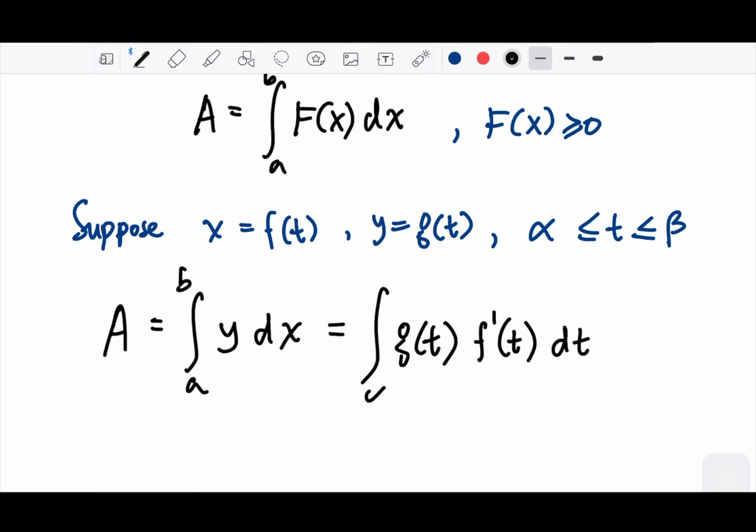And we can exchange this into our t. Basically, you can think of dx as coming from the chain rule applied to the parametric function. So you can exchange dx, this is actually the f prime from here.